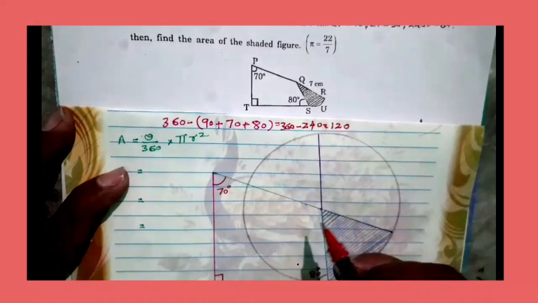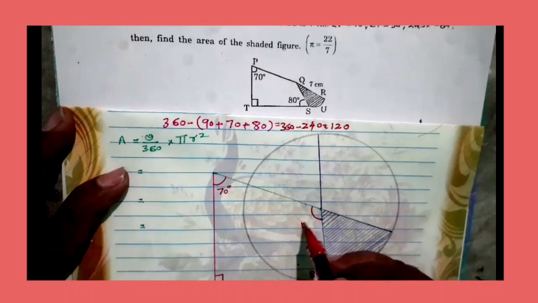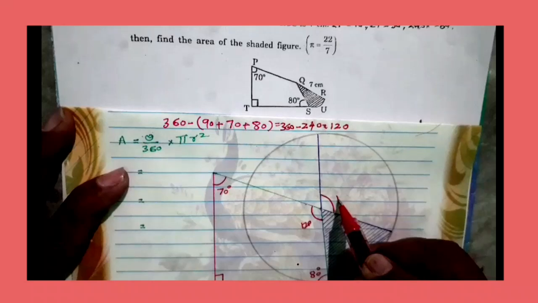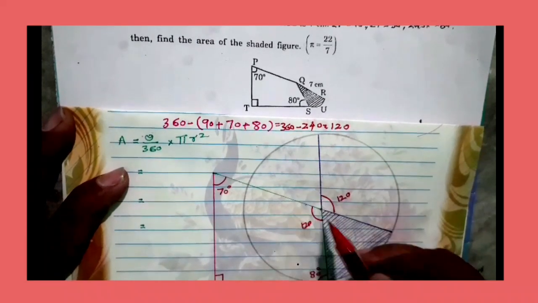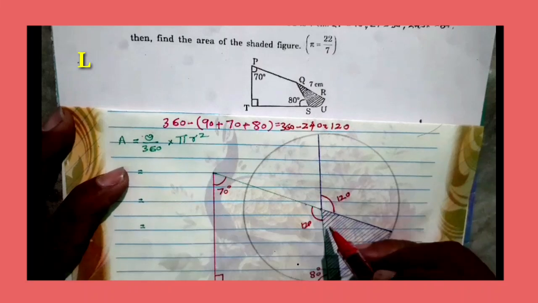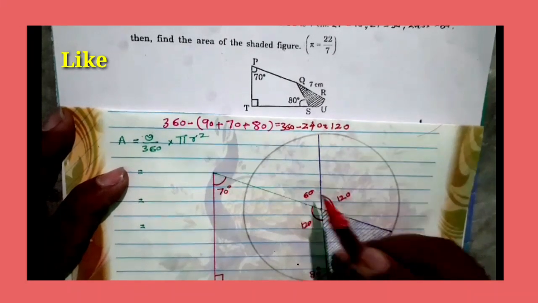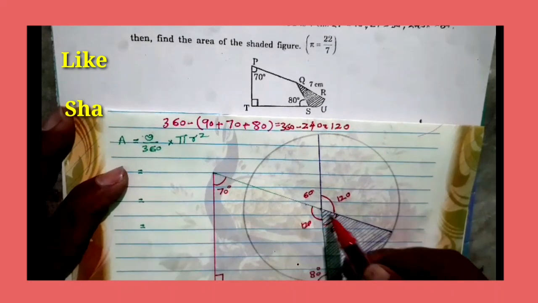This is the angle of 120 degree. Then the opposite side is also 120, and the two equal angles are also 120. That is, this is 60 and this is also 60, that is, this line is a straight line.